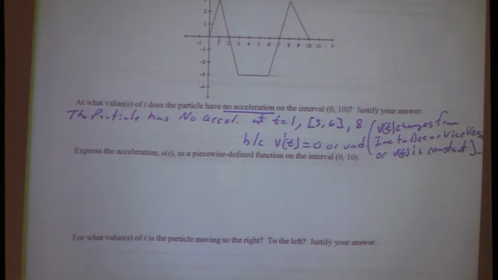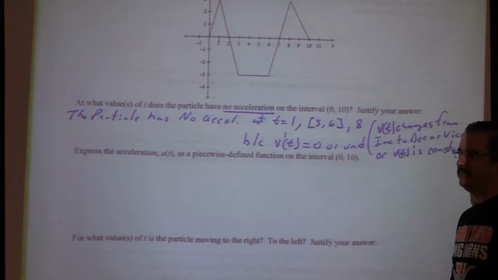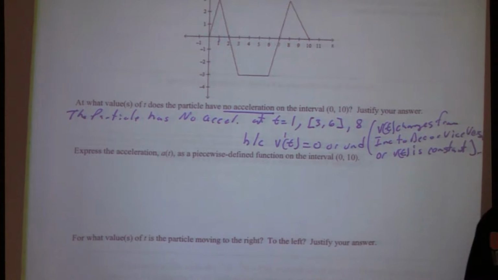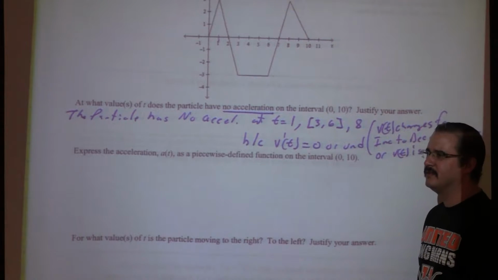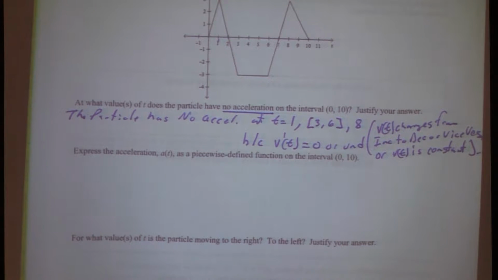Alright, so let's look at this one. Express the acceleration as a piecewise defined function on the interval. So how would I find the acceleration function if I knew the velocity function? What would I have to pay attention to? The slopes of the what? Yeah, the velocity function.